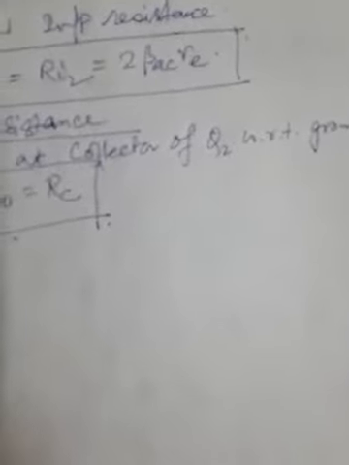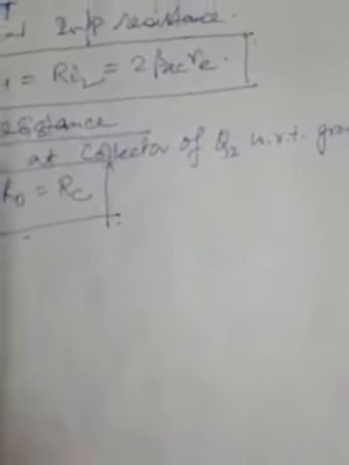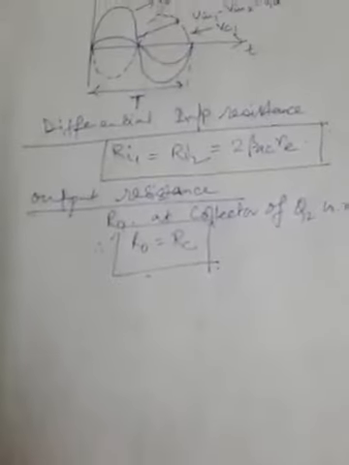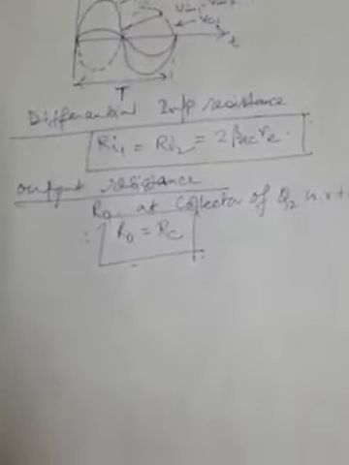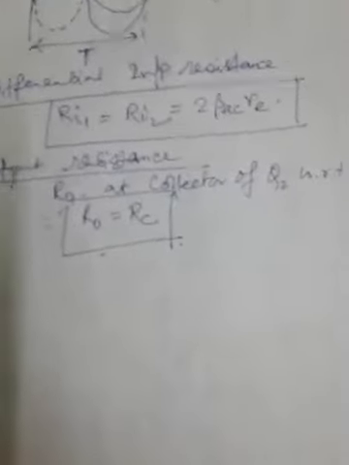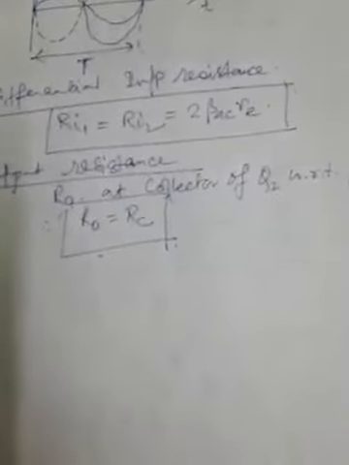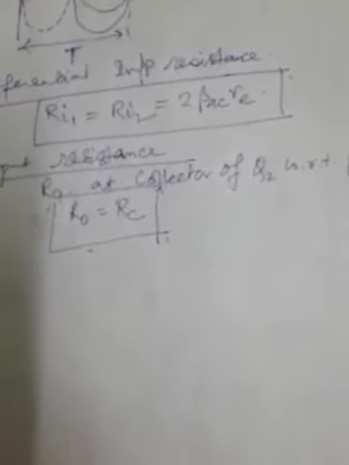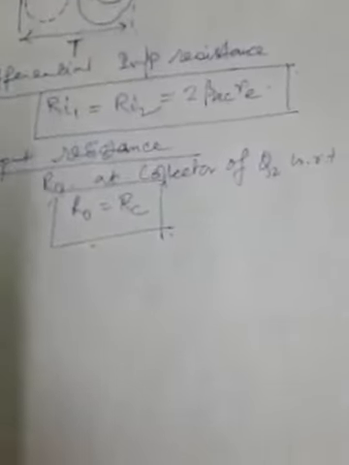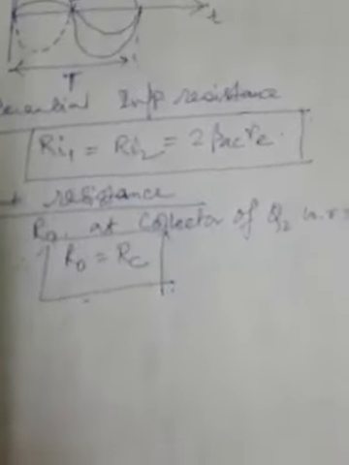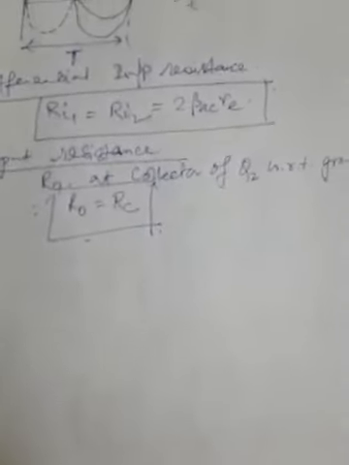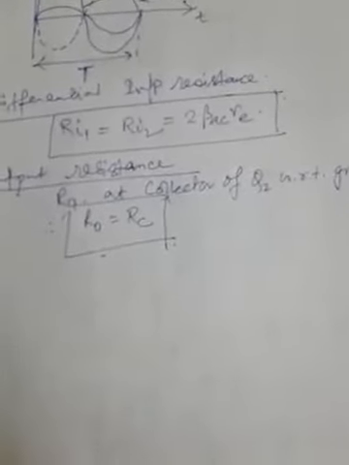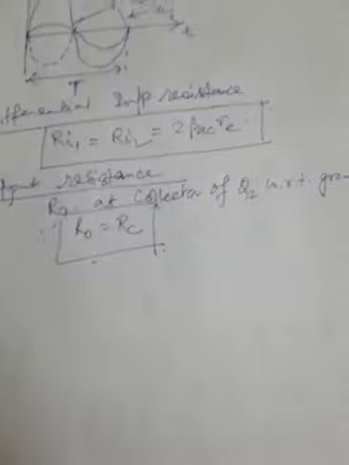The only difference is that there will be only one input applied at the base of either Q1 or Q2, unlike the dual input configuration where the input voltage is applied simultaneously at both the bases of Q1 and Q2 of the differential amplifier.